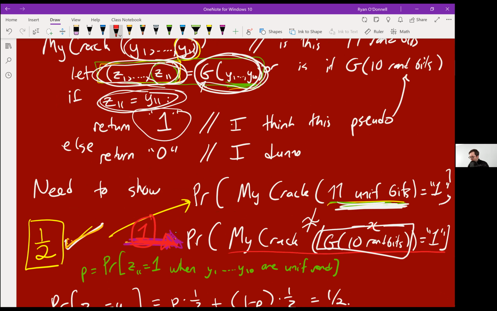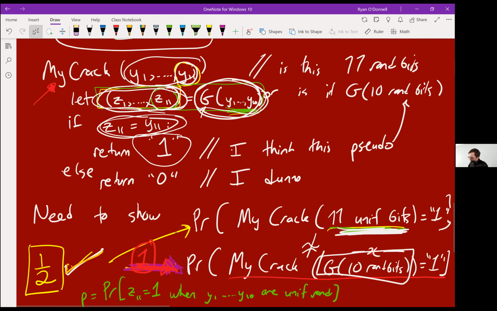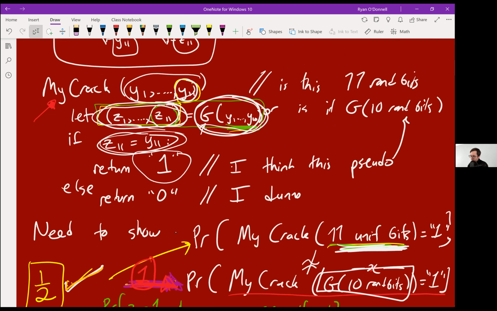My cracking algorithm has a property that if you give it truly 11 random bits, there's a 50% chance it outputs 1. But if you give it the output of the pseudorandom generator, there's a 100% chance it outputs 1. So it's really great at noticing the difference.